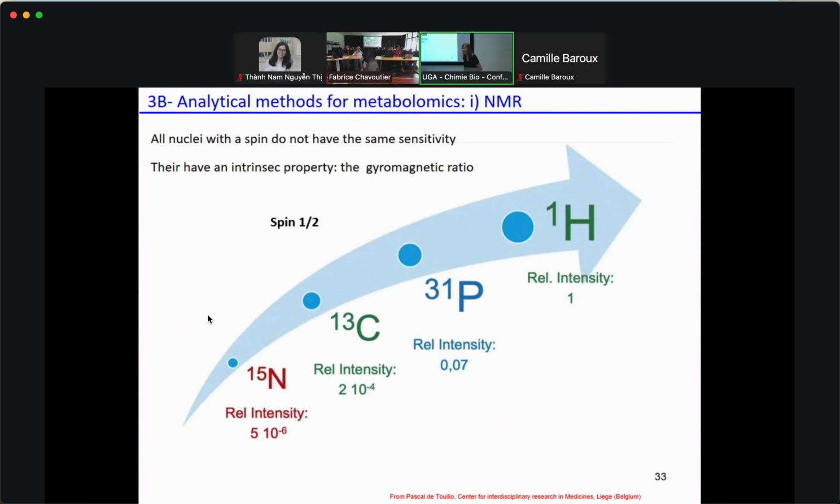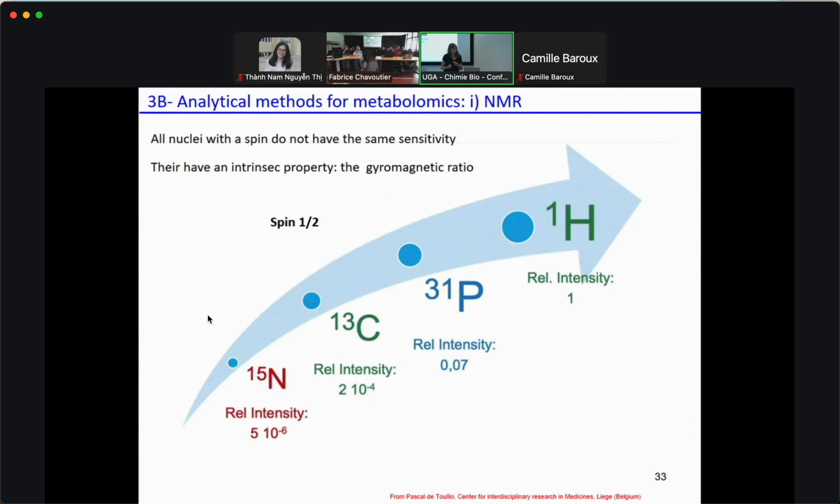So, for example, here at the IBS, the Institute of Structural Biology in Grenoble, they label the molecules with this isotope. Using chemistry, you can replace the isotope which has no spin with the C13 isotope which has a spin.